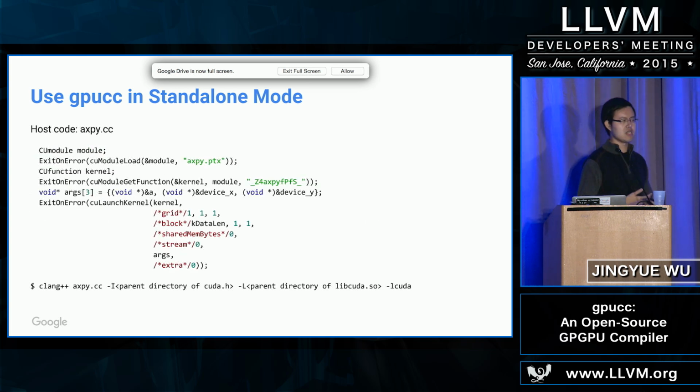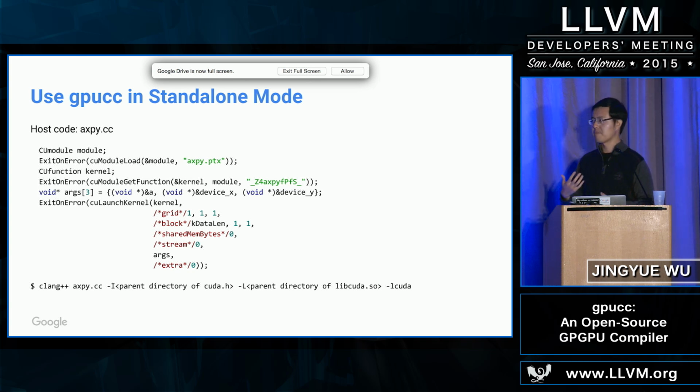On the host side, you can write just regular C++ code, but you need to hard-code the name of the PTX file and the kernel name into the host code so that you can load it and launch it. And finally, you just compile it using Clang++ as a regular C++ program, linking the CUDA driver APIs, etc. This is how you would do it if you want to try it right now.